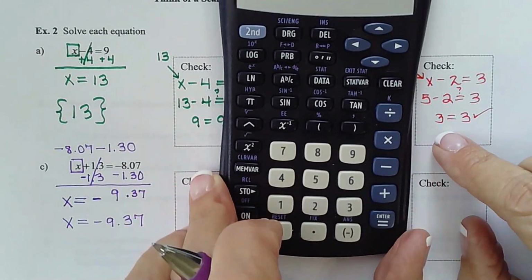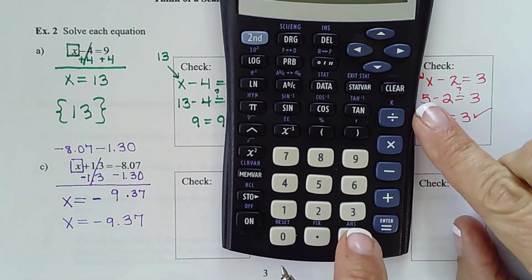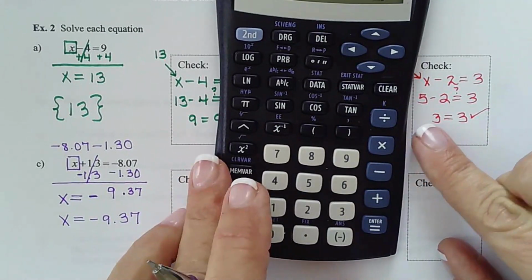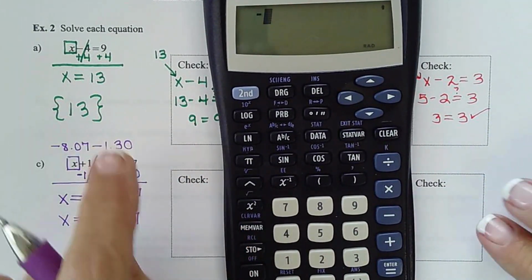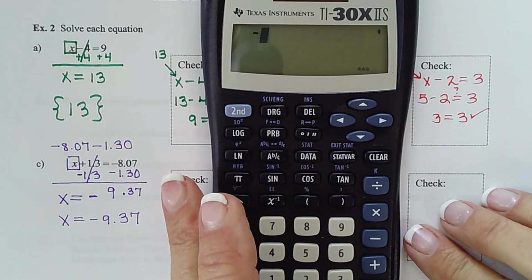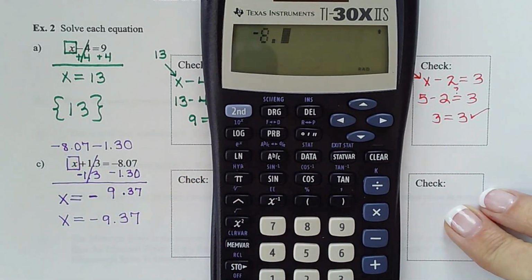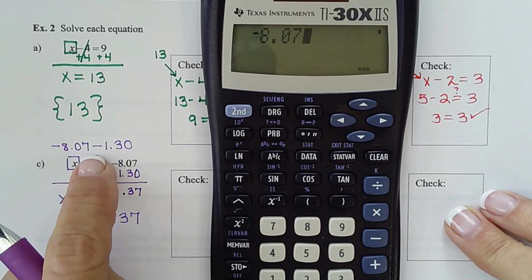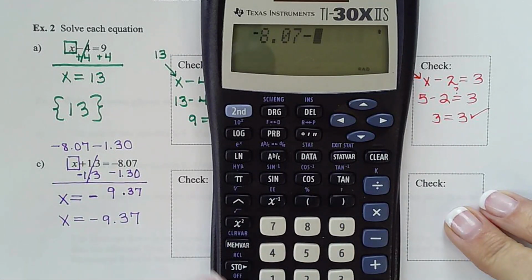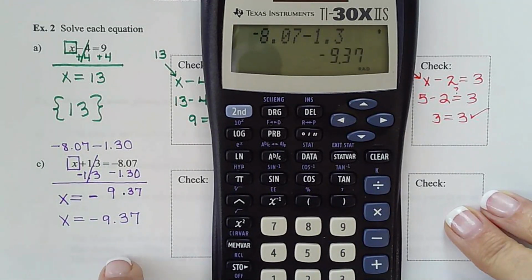So when I go to type this in, I'm going to type negative and then 8.07. Then I'm going to use the subtraction key, 1.3. And I can see I did the work correctly.